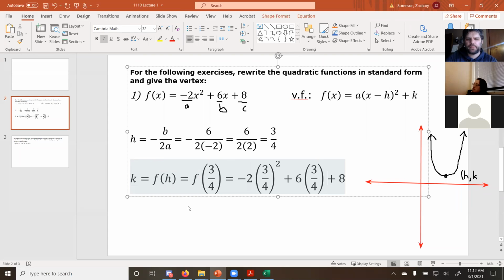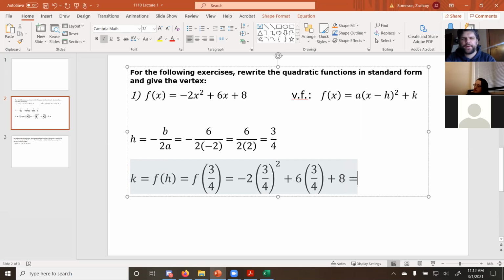Let's erase this. Okay. And 3/4 squared. Does anyone know what 3/4 squared is? Nine 16ths.